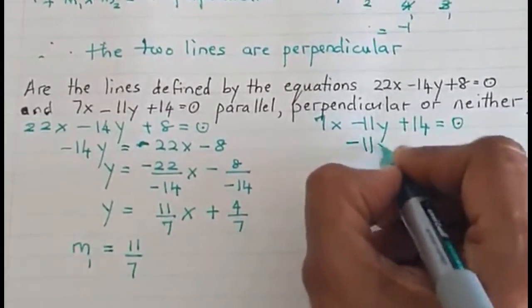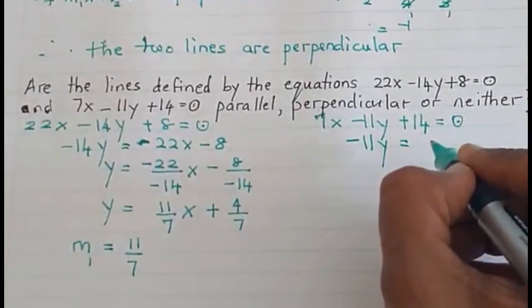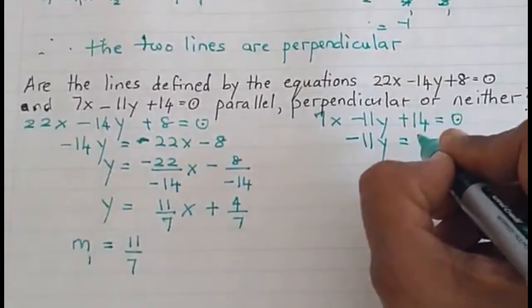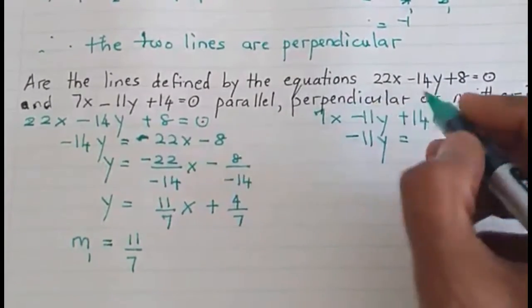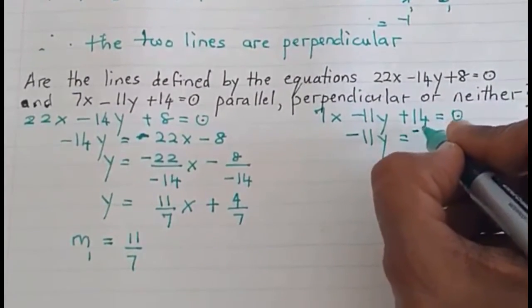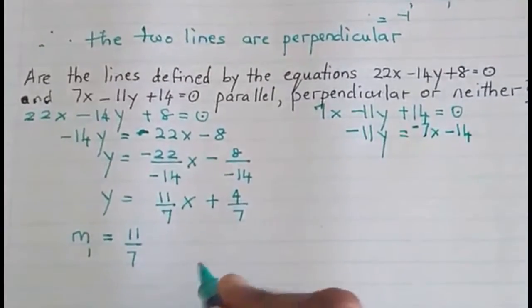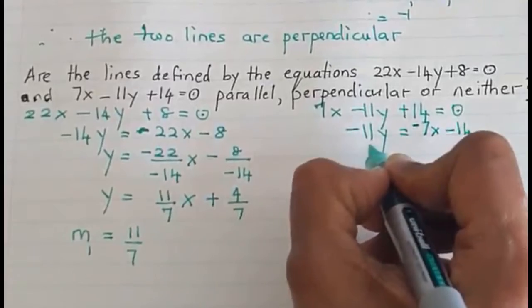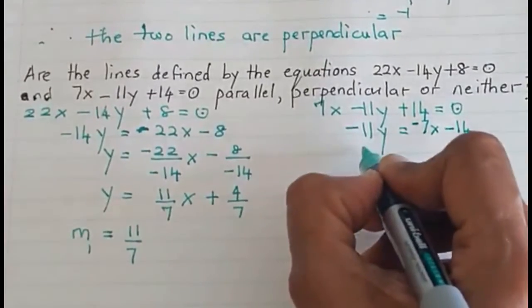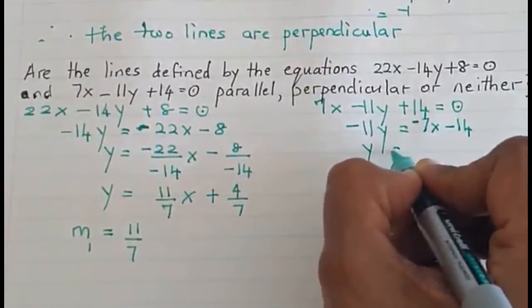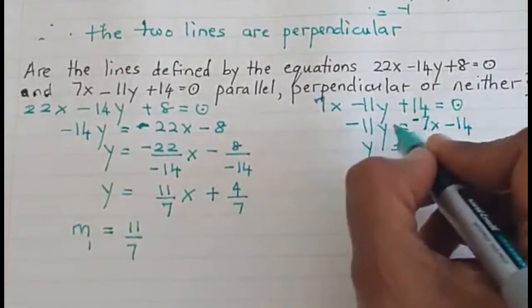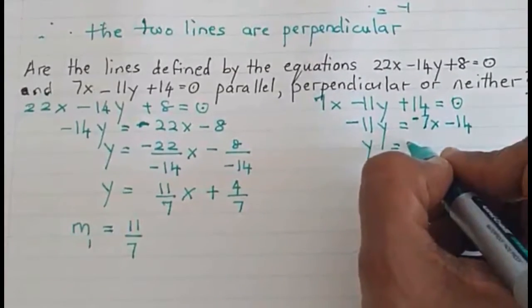So I'm isolating y. Negative 11y is equal to, when 7x moves to the other side, it's going to be negative 7x. And when 14 moves, it's going to be negative 14. Now I have to move the negative 11 to the other side. So let's keep the y, and since it's multiplication on this side, it's going to be division on the other side.